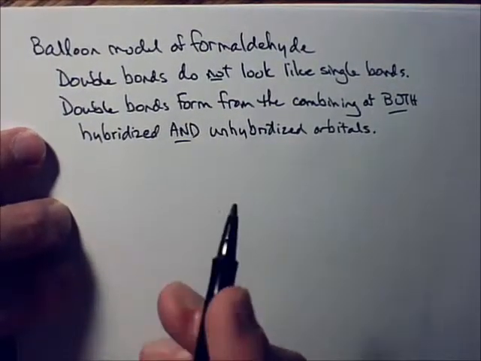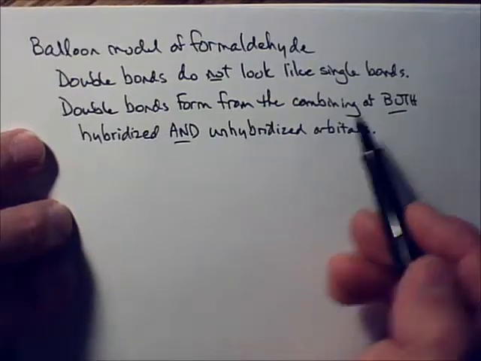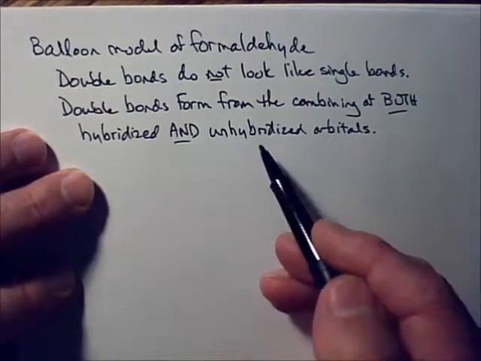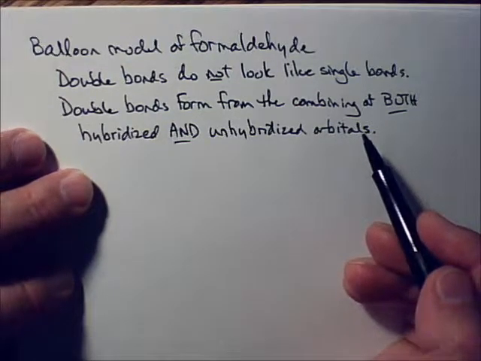So one of the two bonds in a double bond comes from hybridized orbitals, and one of the two bonds comes from unhybridized orbitals.